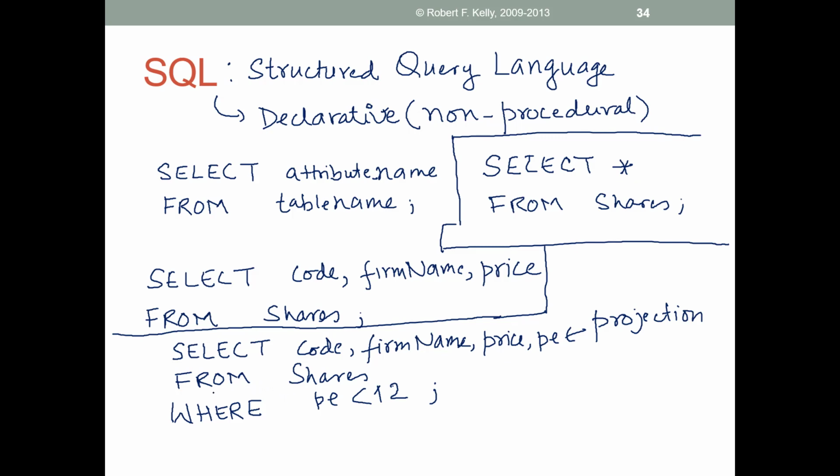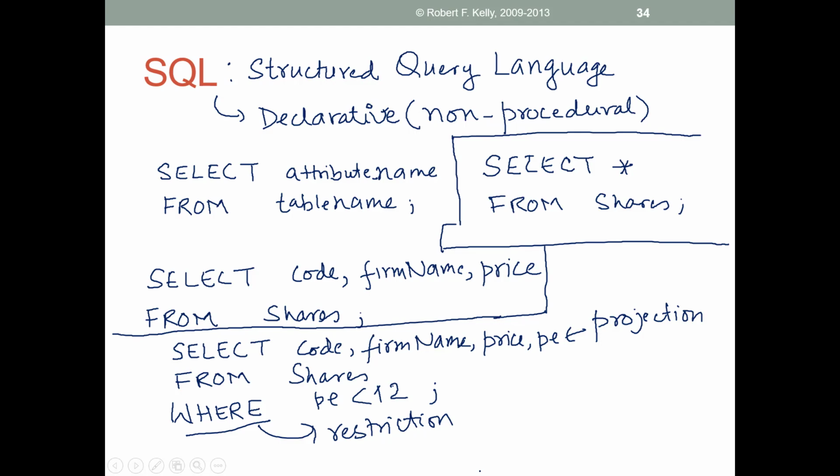I know that this should come from shares, so I have from, and here I'm using the where clause to impose restriction. Alright, so we wrote one of the most basic SQL statements involving projection as well as restriction.